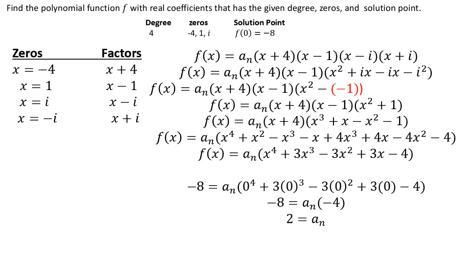To get my answer, I'm going to replace a sub n with 2. So we have 2 times our big polynomial, x to the 4th plus 3x cubed minus 3x squared plus 3x minus 4. I'm going to distribute the 2. It's very important that I multiply this 2 to all of my terms in my polynomial.